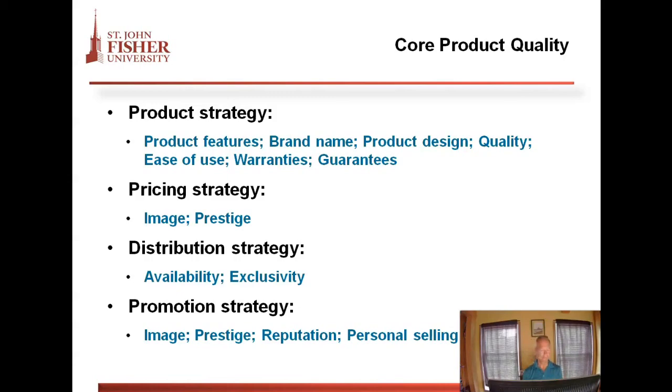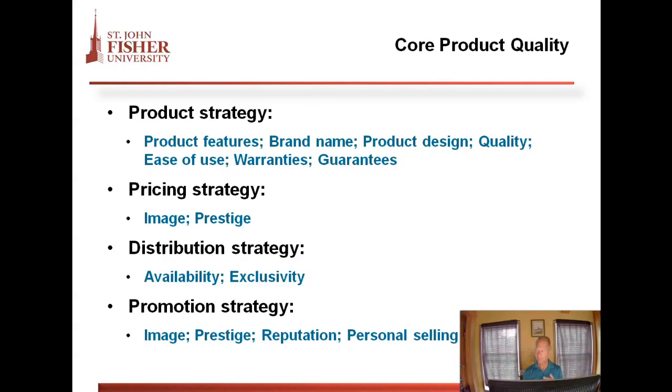Then you have your pricing strategy. Pricing is all about what you give up, and we talked about this in a previous chapter, what you give up to get what you're going to get. So you've got to understand quality and pricing, that what they're giving up is a good value for what they're getting.